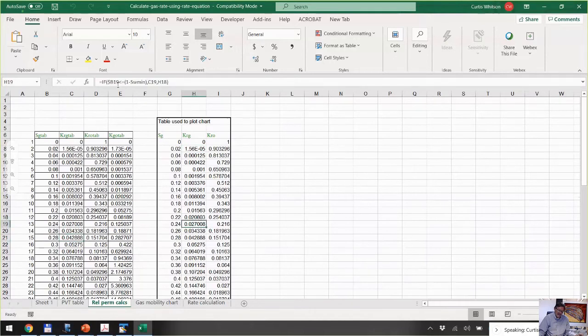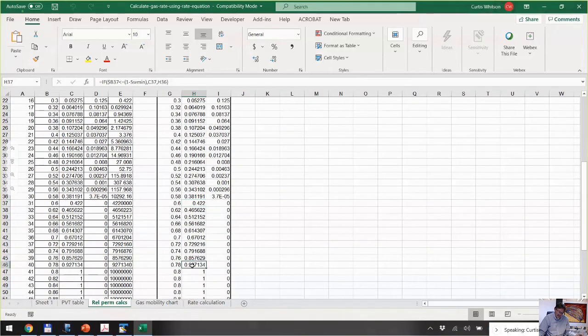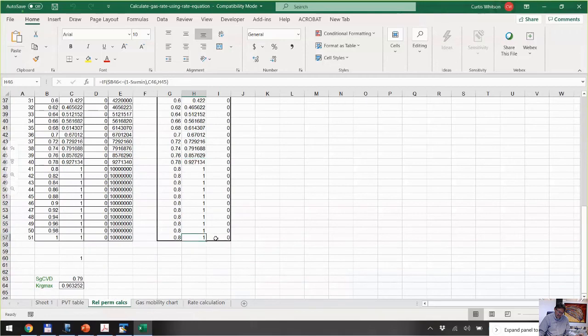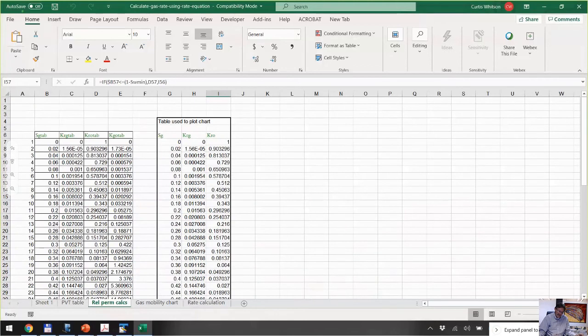Okay, he's got some kind of if statement. If it's less than C19, so KRG is changing. Not sure. It doesn't seem to. I'm not sure why it doesn't just plot the original table. It doesn't look like it has any different numbers in it.